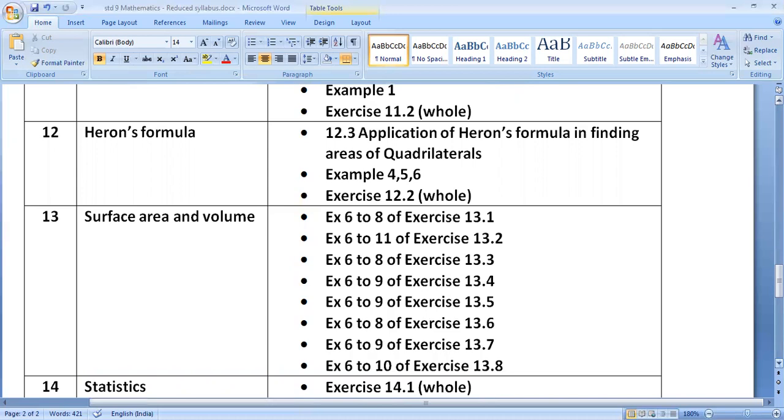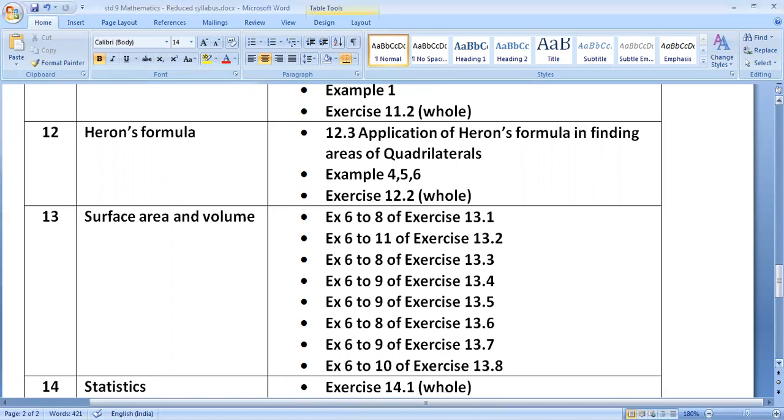Page 208, 13.1 introduction part included. 13.2, surface area of cuboid and cube, in which 211 example 1 is included. 212 example 2 included. Formulas are given on 210 page.